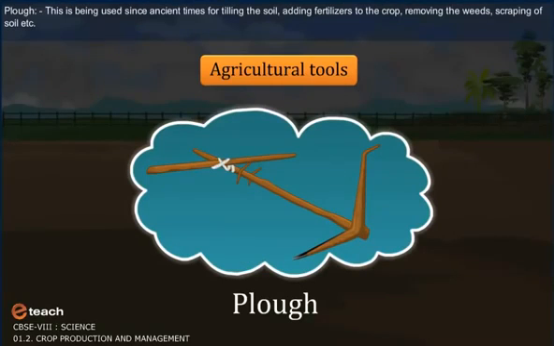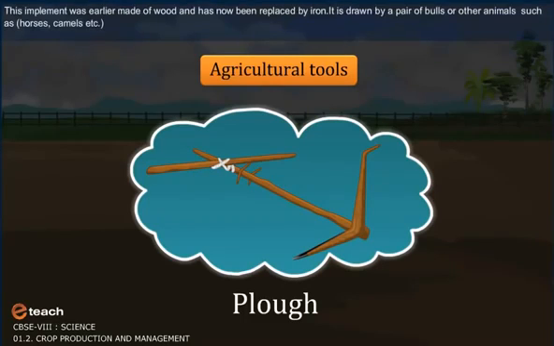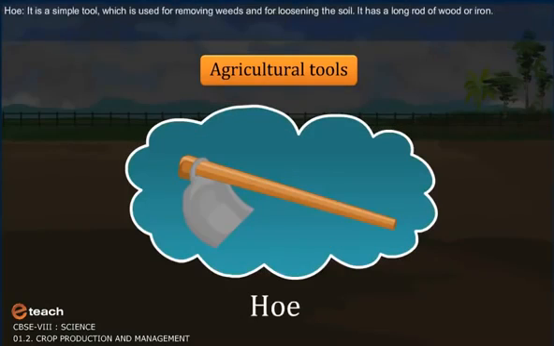This has been used since ancient times for tilling the soil, adding fertilizers to the crop, removing the weeds, scraping of soil, etc. This implement, earlier made of wood, has now been replaced by iron. It is drawn by a pair of bulls or other animals such as horses, camels, etc.